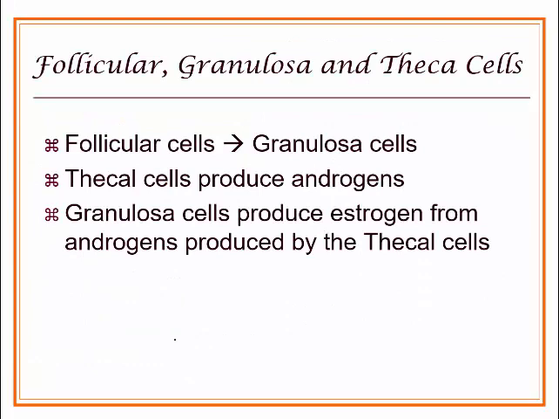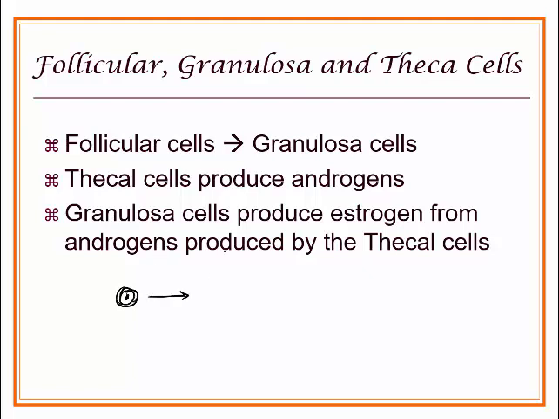Now, those oocytes grow inside of a cellular structure called a follicle. And the follicle is going to start out at a fetal stage as simple squamous cells surrounding an oocyte.